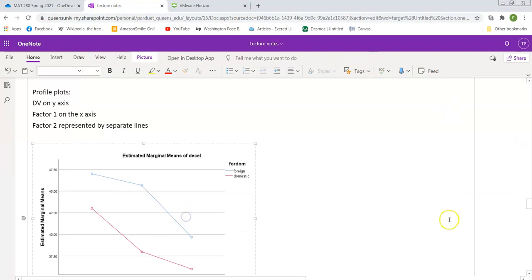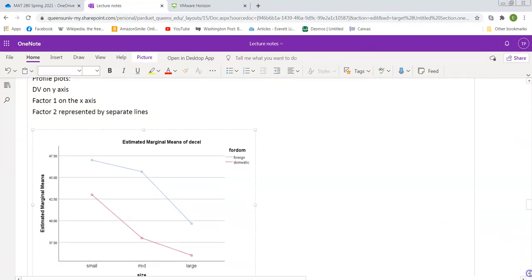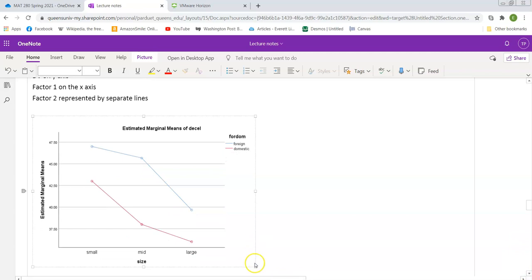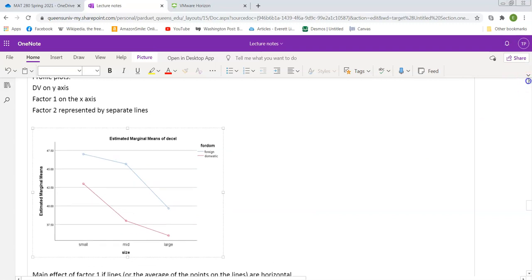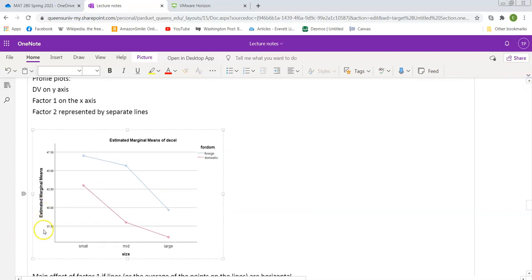So, in a profile plot, our dependent variable is on the y-axis. Here on the y-axis we've got chest deceleration, and this I believe is in meters per second squared. We've got one of our factors on the x-axis.